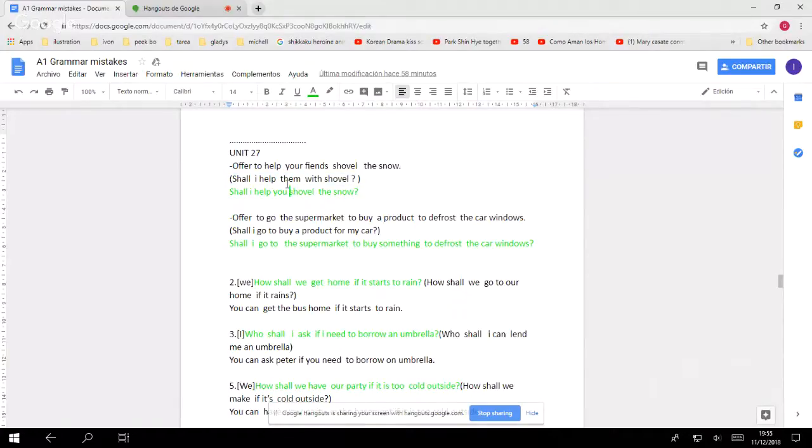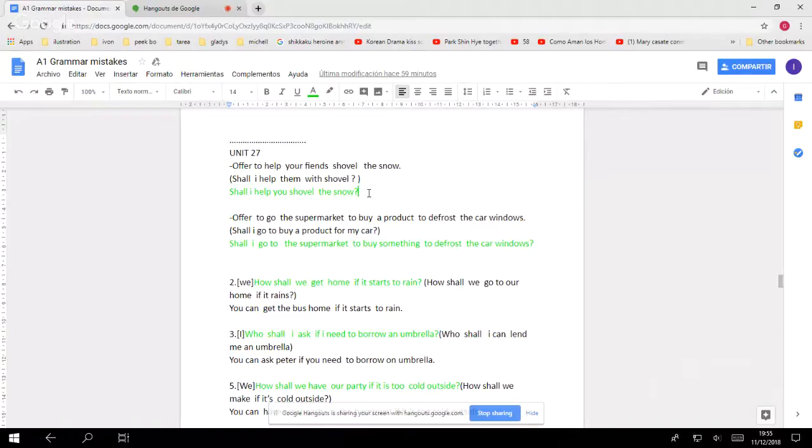Remember that you are talking about solving a problem. So you are saying, shall I help them with shovel? The correct is, shall I help you shovel the snow?